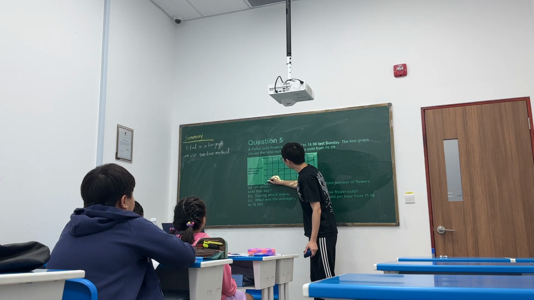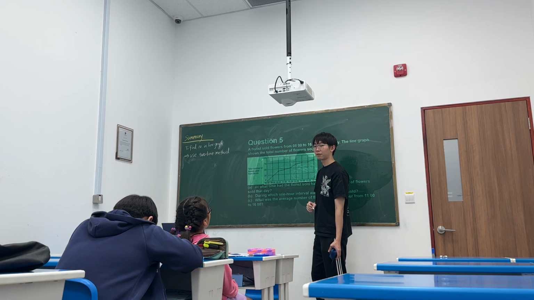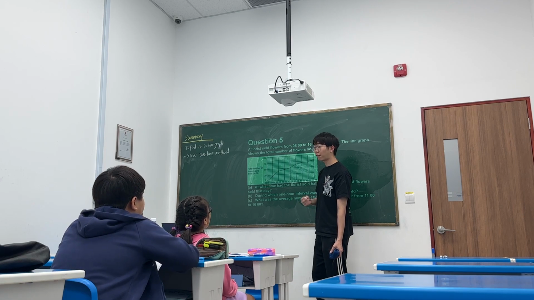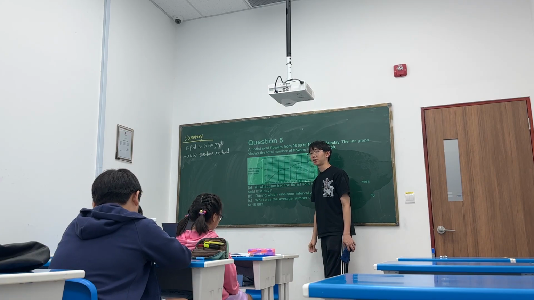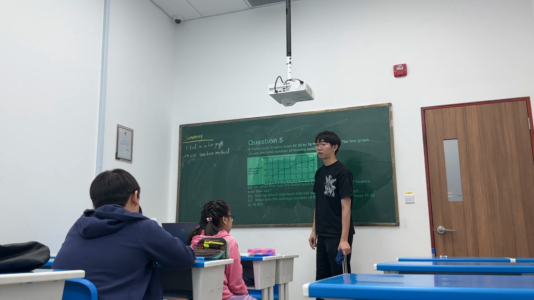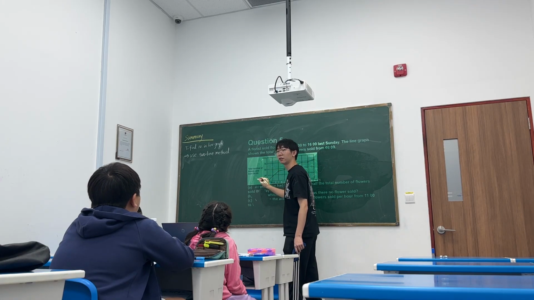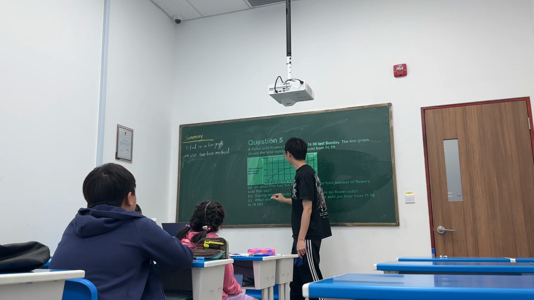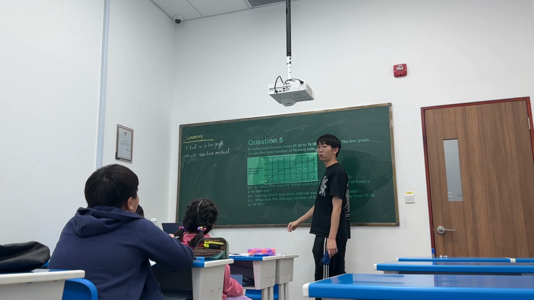From 25 to 0, there are how many intervals? 5 intervals. So, each interval represents how much? Sorry? 5. Very good. So, each interval over here represents 5 flowers.